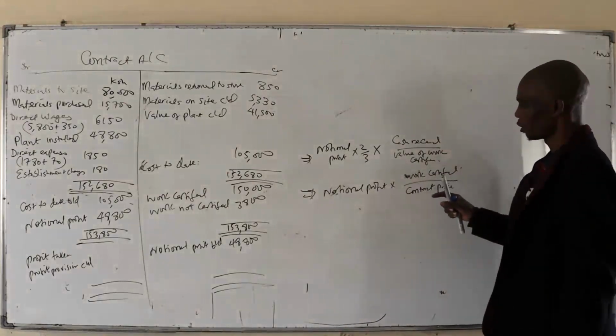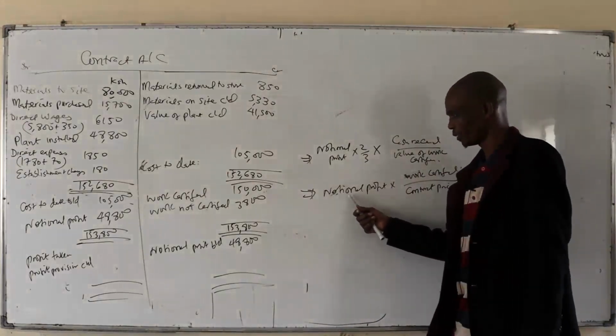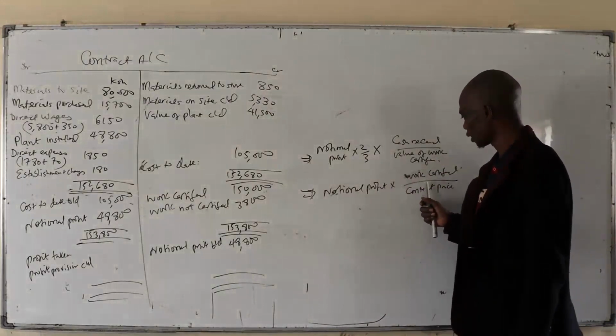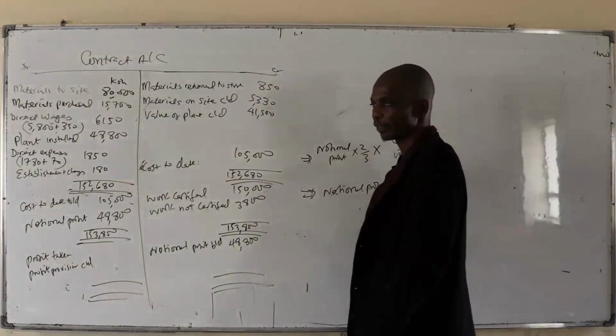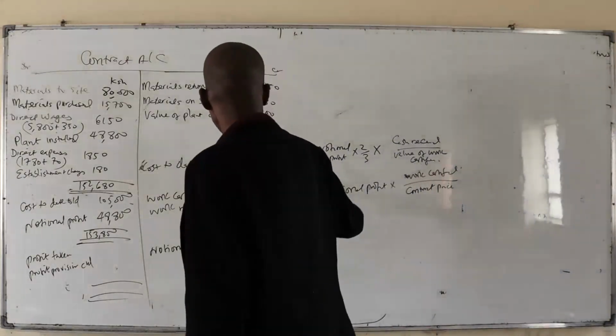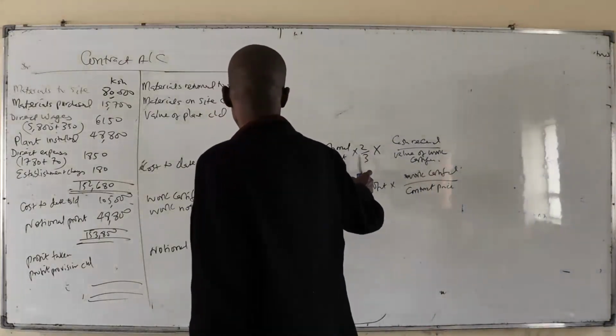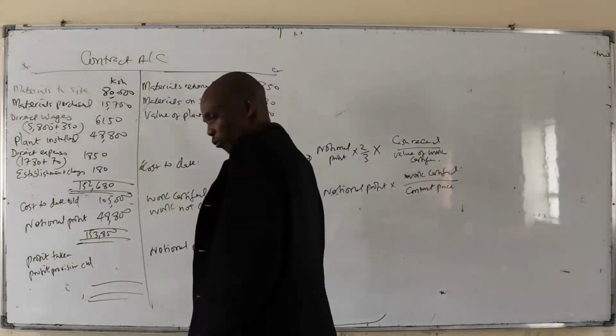So where it is nearing completion, the profit we take will be notional profit times work certified over contract price. But if it is at maturity, 60%, 50%, then we take notional profit times 2/3 times cash received over value of work certified.